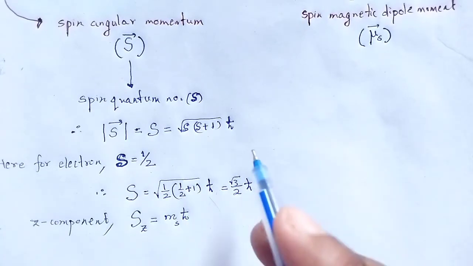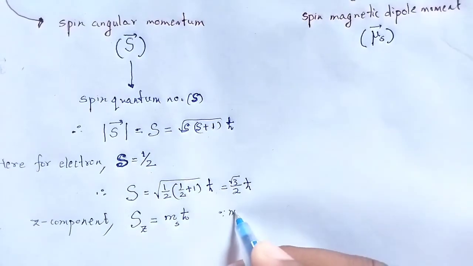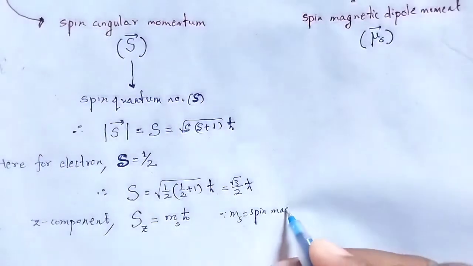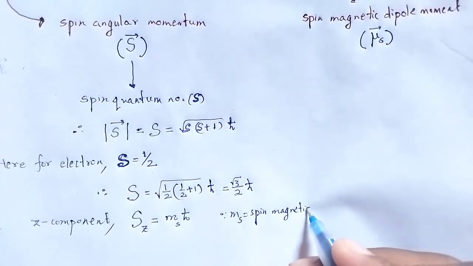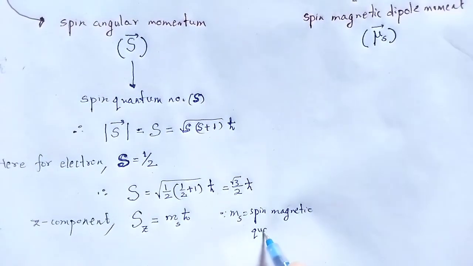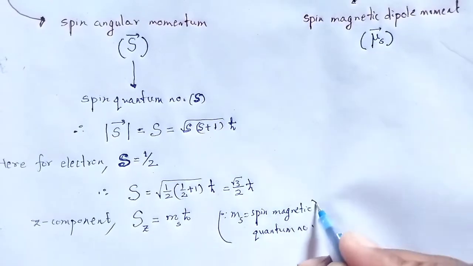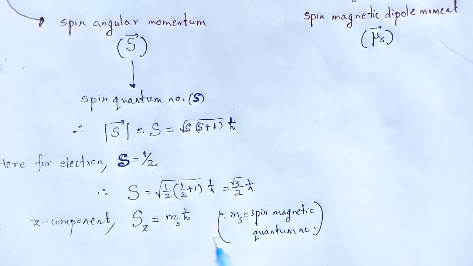So ms h cross is the z component of the spin angular momentum.